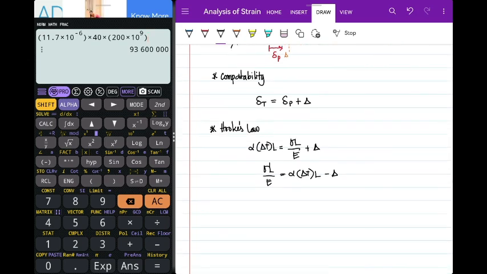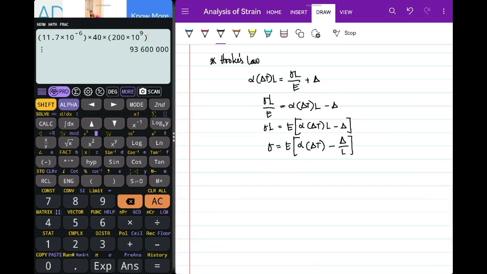So that is why if you can notice, our compatibility is the entire thermal elongation is equal to the elongation due to the internal force P, or thermal elongation sub P, plus the movement of the wall, which is delta here. Now rearranging our formula for applying Hooke's law, then we have stress is equal to E multiplied by the quantity alpha times change in temperature minus the difference in position over L.